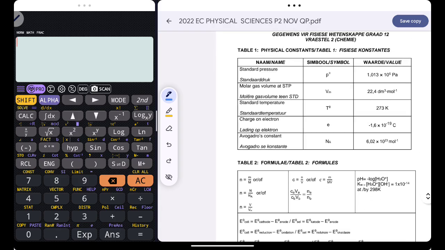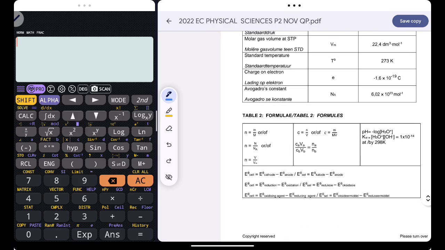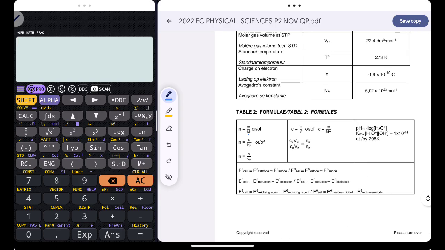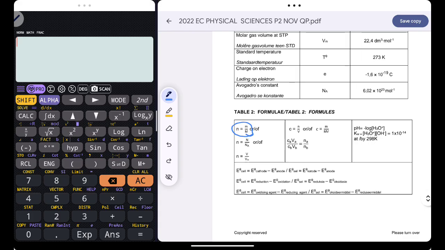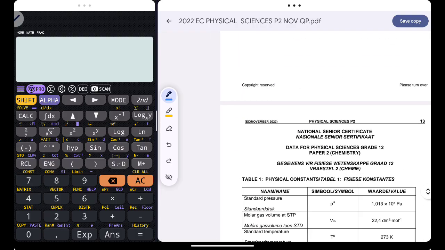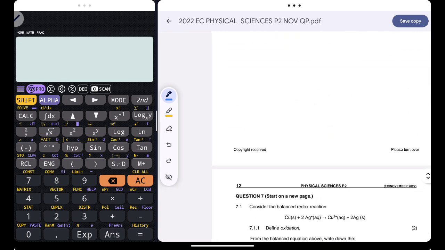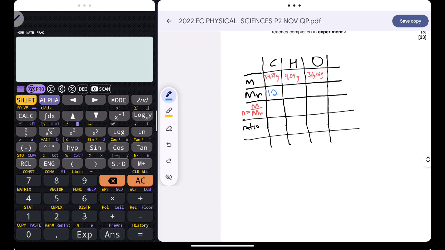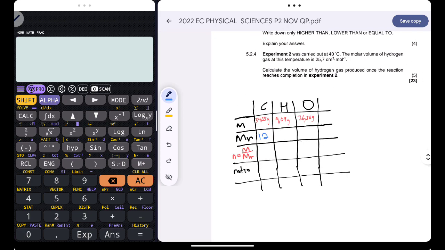And we are going to take the molar masses and find the number of moles. We're going to use this equation. The equations, guys, are always at the back of your question paper, right?